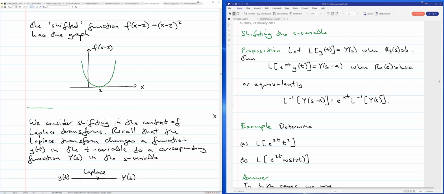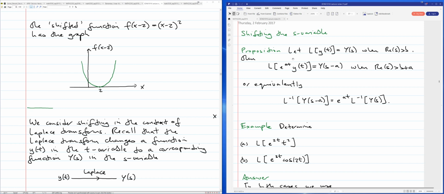The convergence over here doesn't concern us in this class. All we're concerned about is the formula for the Laplace and the Laplace inverse.